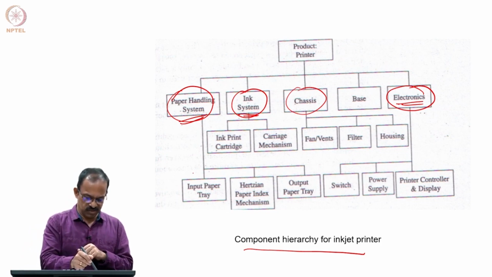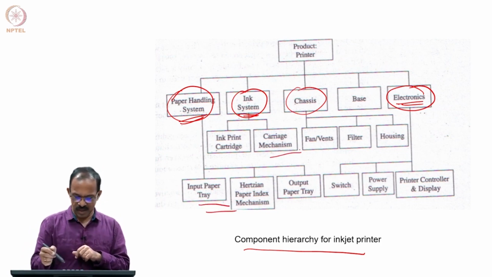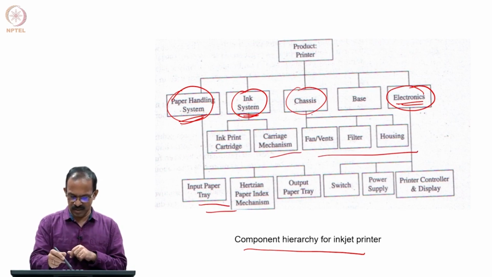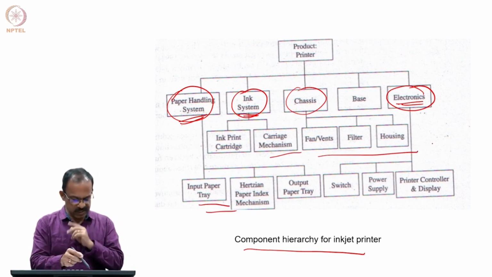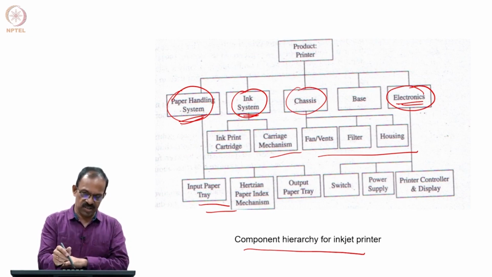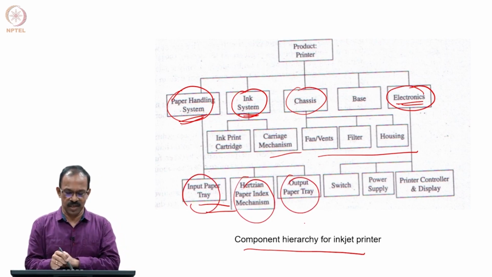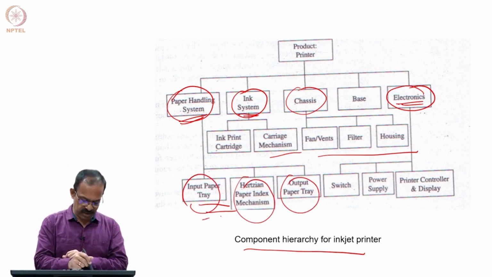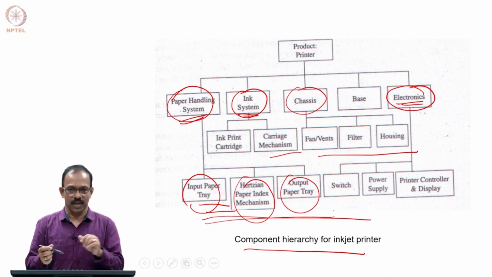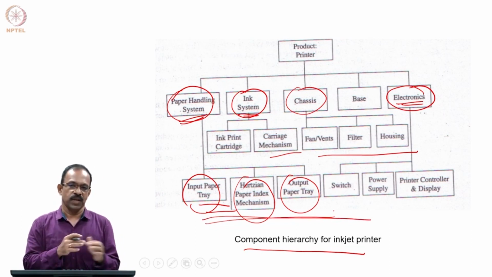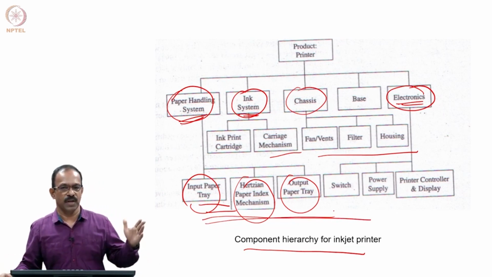And each system will have these elements: the ink system, and then the chassis, and their elements. Now you can see the functions have been converted to physical elements. It is no more a function here; we are trying to identify the physical chunks or components of the product. Slowly we are moving from the functional elements to the physical elements.